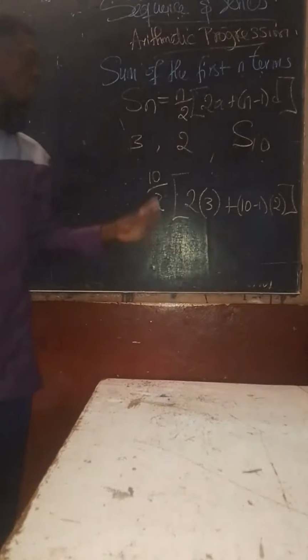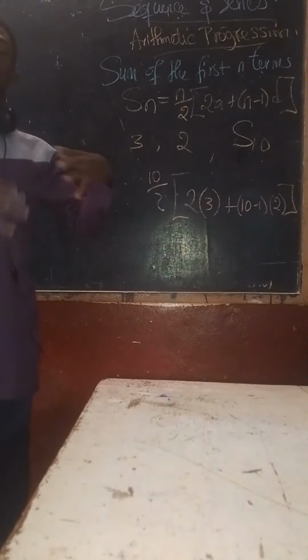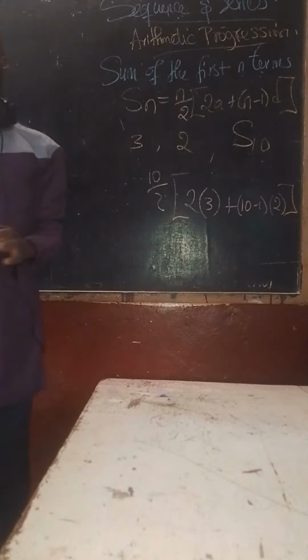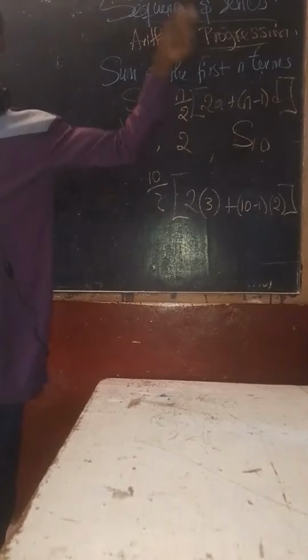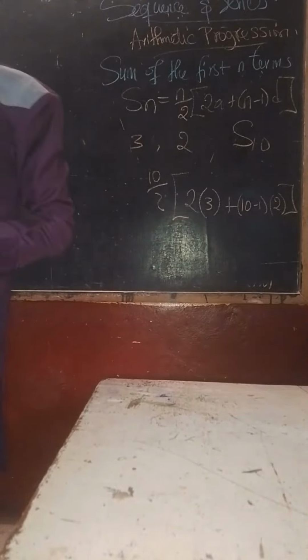So what am I trying to say? You simply substitute in the formula of Sn to have the sum of the first n terms. N on 2 times 2a plus n minus 1 d is the formula for the sum of the first n terms.